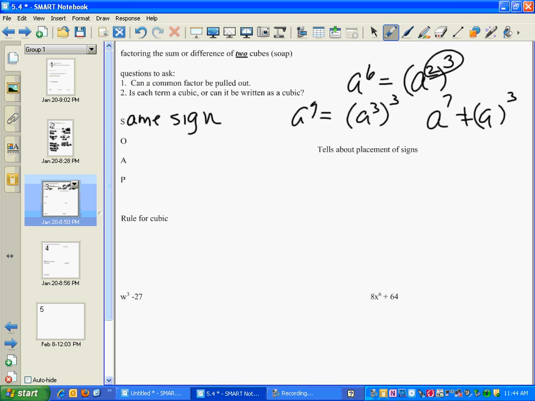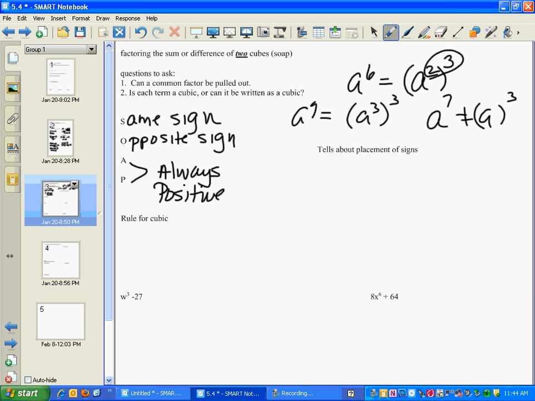O stands for the opposite sign. And AP, always positive, goes together. So I'll show you. I don't expect you to know it. You've never seen it. Okay?